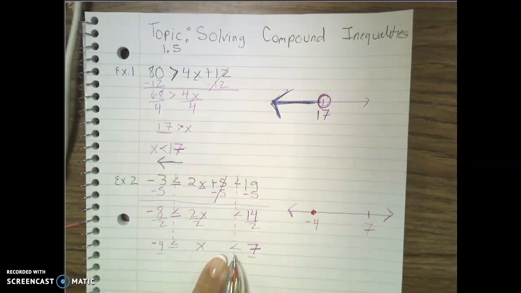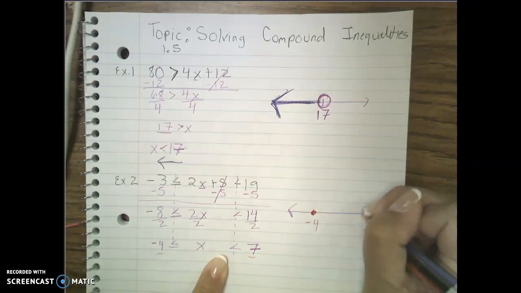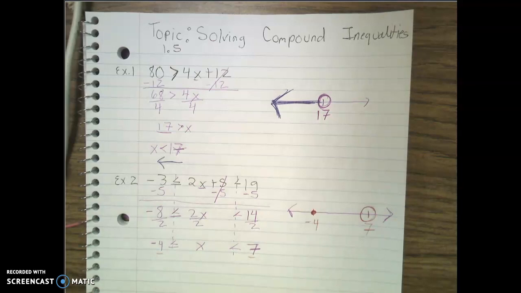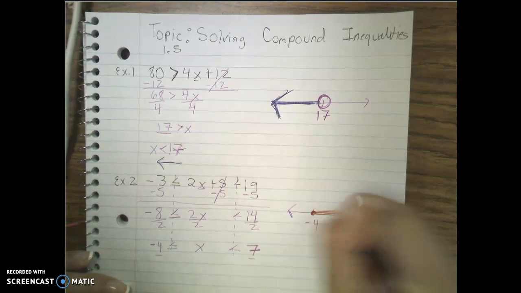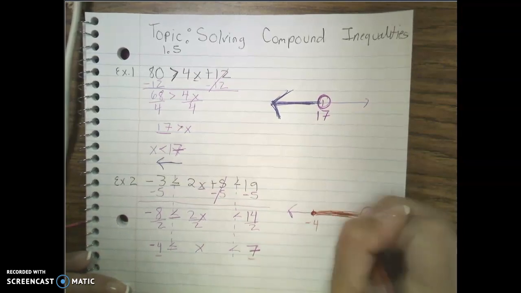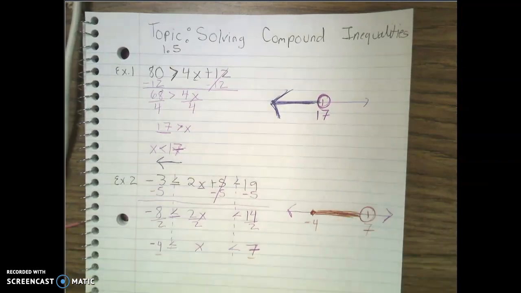Positive 7, open, because there's no line. Open dot. Okay? And this one is easier because see how x is in between negative 4 and 7? So that means I'm going to shade the part that's in between negative 4 and positive 7. And that's it.